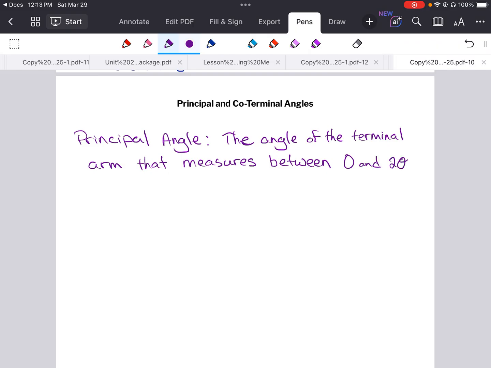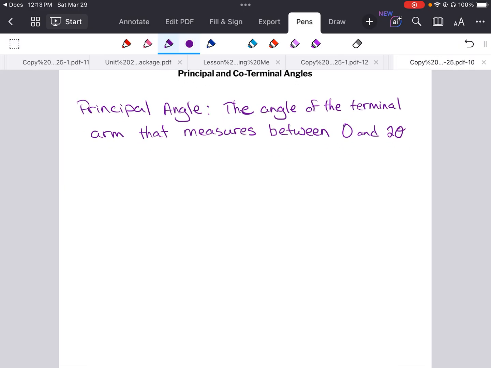Okay, so if your terminal arm was what we knew in grade 11 to be 180 degrees, then your principal angle is pi. If it was at 90 degrees, that would be pi over 2, right? It's half of pi. And we're going to look at coterminal angles.